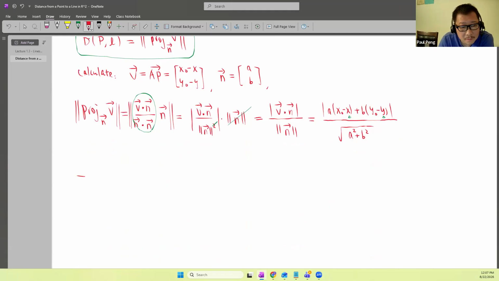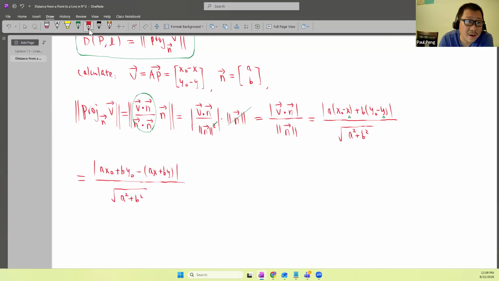So therefore, this equals the square root of a squared plus b squared. Now, what do we have? I have a x0 plus b y0 minus parentheses ax plus by.